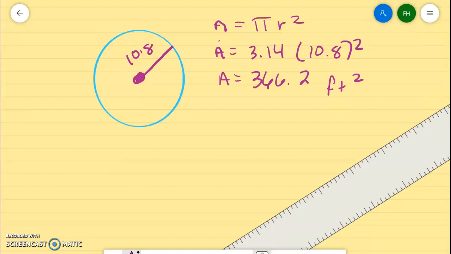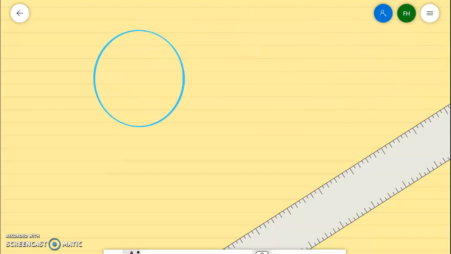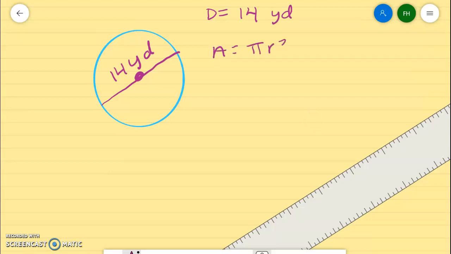Okay, it was feet. The next problem gives you this, and it says that this is 14 yards. Well, what is this? This is the distance all the way across. That's the dad, or the diameter. So the diameter is 14 yards, and we're trying to find the area. The formula for the area is pi r squared.